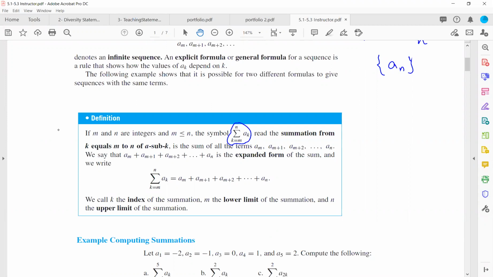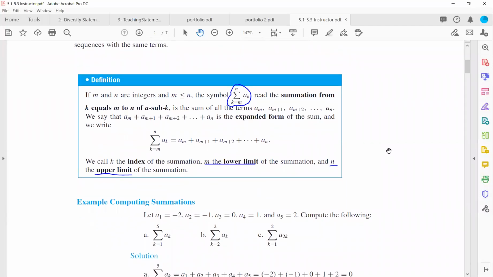Since this series has upper limit n, your last term is a sub n. We call k the index of the summation, m the lower limit, and n the upper limit.